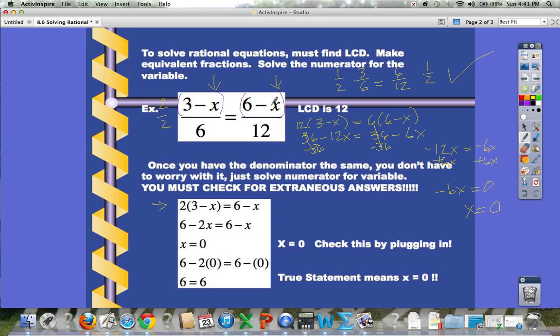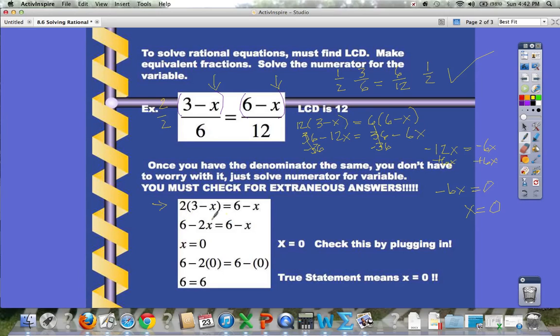And then this side, I didn't have to do anything because the 12 is already my LCD. So I then set the numerators equal to each other and solve it. Just totally get rid of the denominator when you're solving it. You still need to plug it in to your equation at the end with the denominator. Okay, please make sure you understand that.